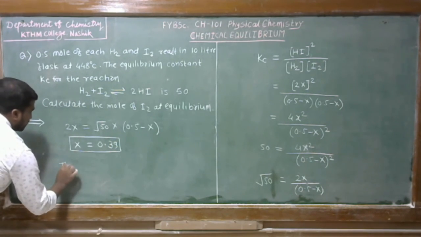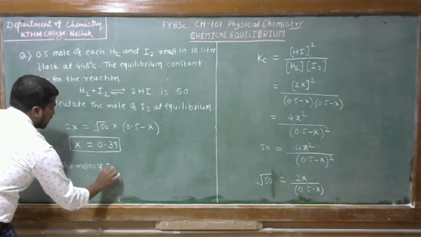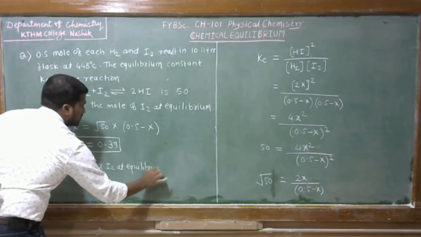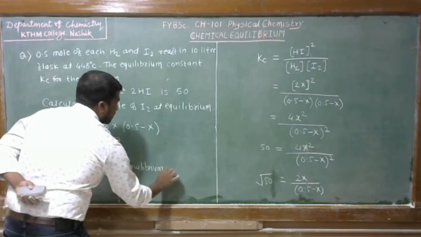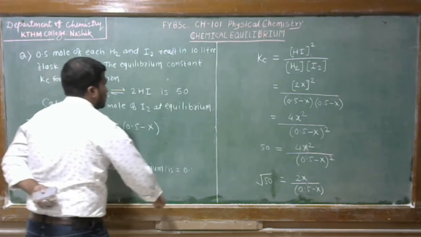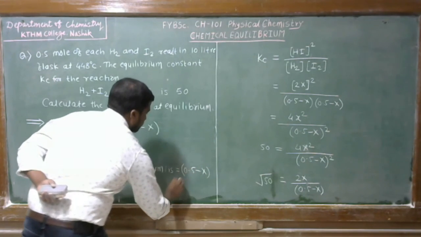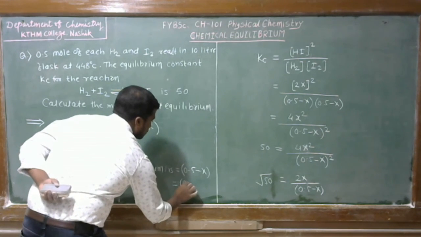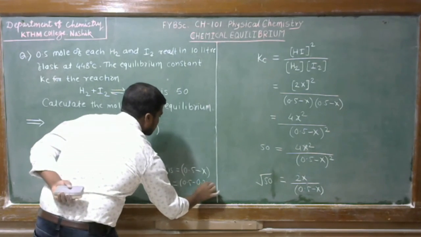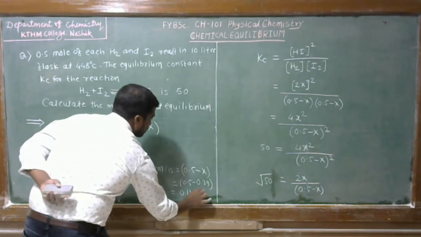So the moles of I2 at equilibrium is 0.5 minus x, is equal to 0.5 minus 0.39, is equal to 0.11 moles.